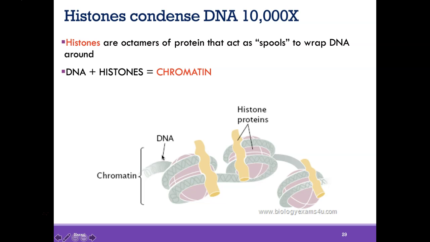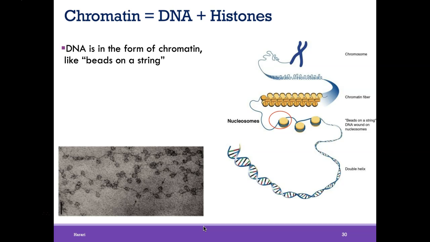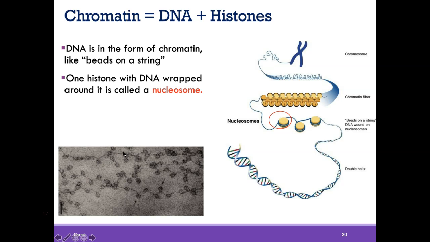We call DNA wrapped around histone proteins chromatin. So chromosomes are made up of chromatin. Chromatin equals DNA wrapped around histones. So DNA is always in the form of chromatin, and it's referred to as beads on a string because it looks like the string is DNA and the beads are those histones.